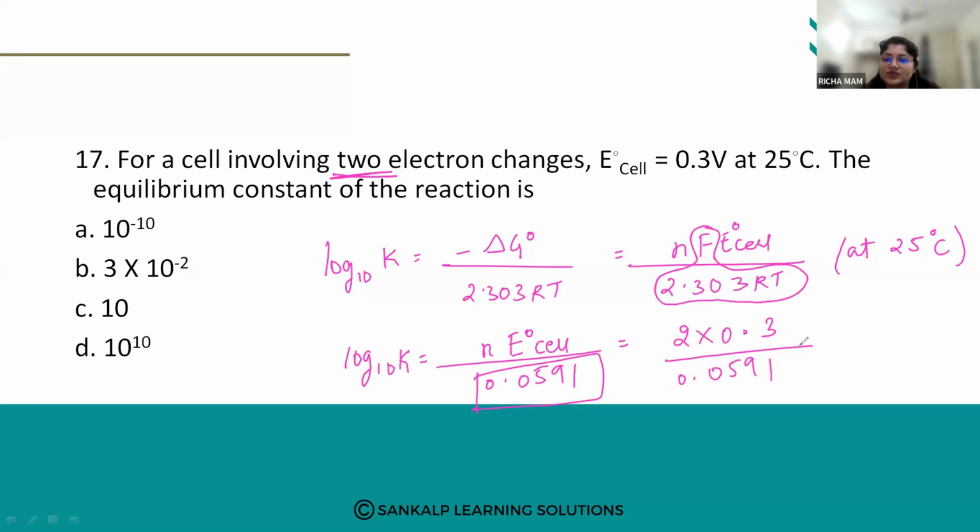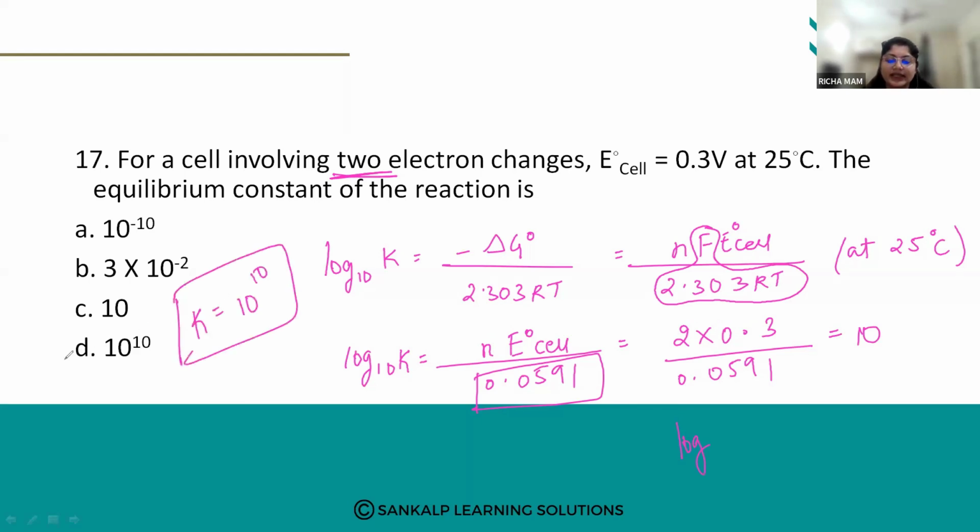So calculate how much you are getting. 2 into 0.3 divided by 0.0591 will be 10. So log K is 10, and if you take the anti-log, K is equal to 10 raised to 10.